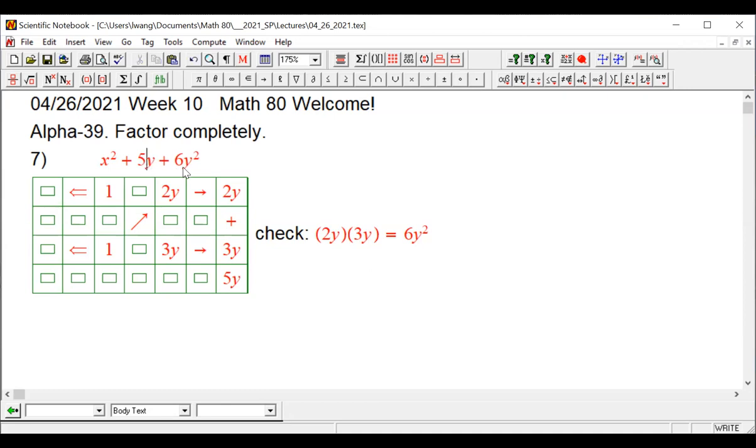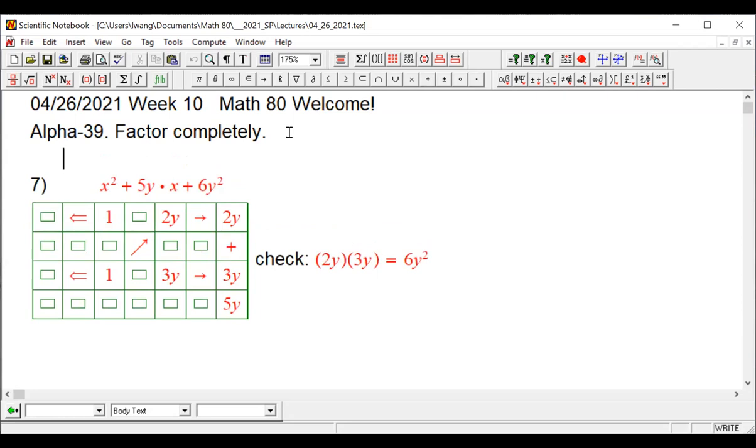So if I put it this way, this is how you can set it up. Because we have x squared taken care of, and this is x, right? I know we have two variables, so we must be careful. It is in the form x squared plus bx plus c.